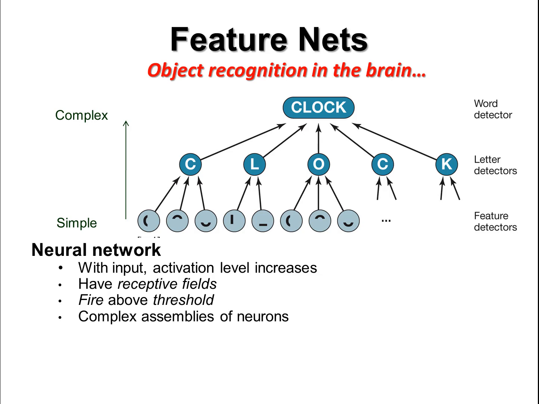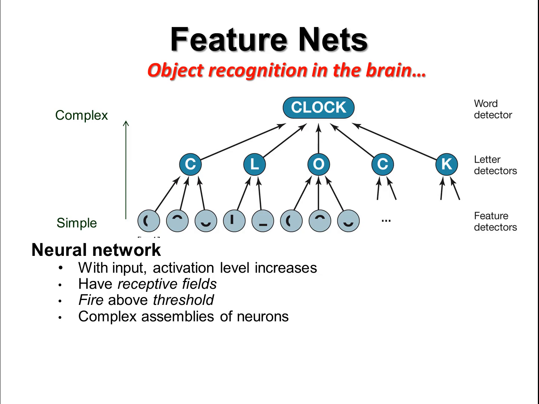So let's take a look at these neural network models, which can then explain how the brain might be engaged in object recognition. So the idea then is that a feature detector is activated every time it gets an input of its own favorite stimulus. So a line of a particular orientation or an arc of a particular type.